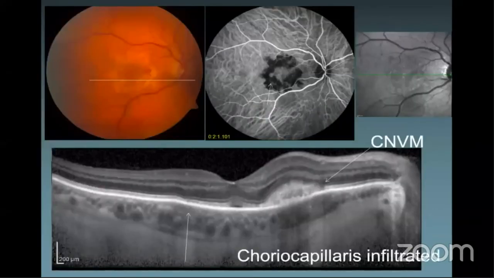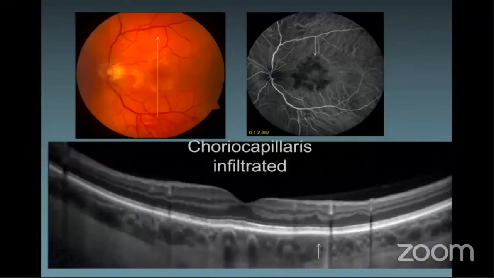On the OCT, you can see evidence of a CNVM with this hyperreflective material that is subretinal. In addition, there's a ground glass appearance of the choriocapillaries, and the pigment epithelium is somewhat hyperreflective. The same in the fellow eye. The fellow eye luckily had good vision and had no evidence of a CNVM that one could pick up on OCT or on the angiogram.